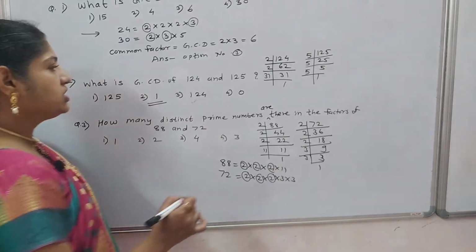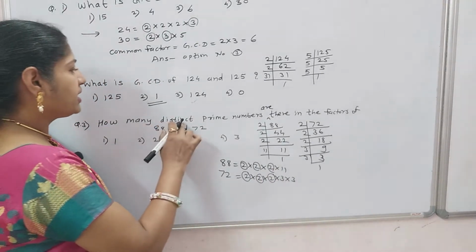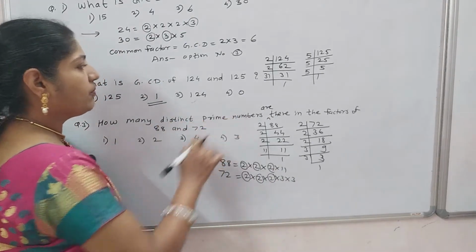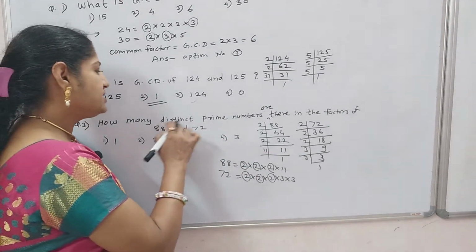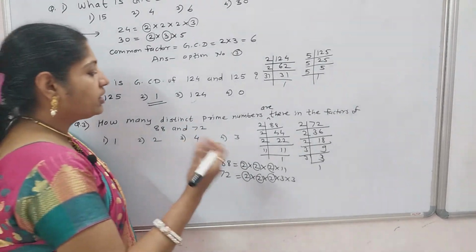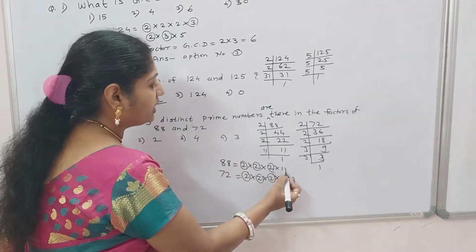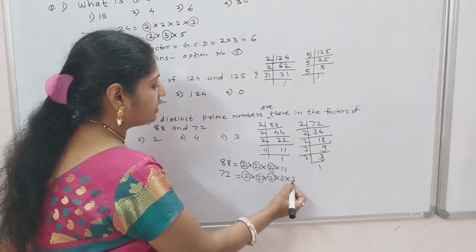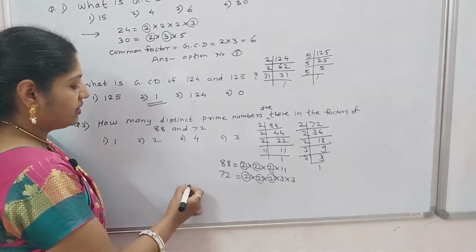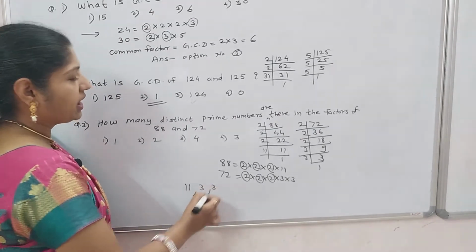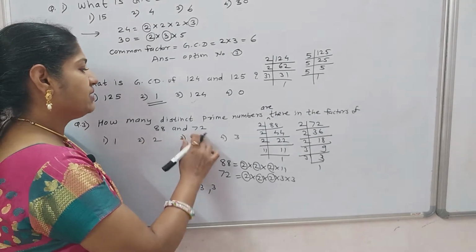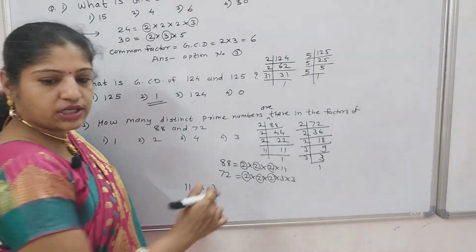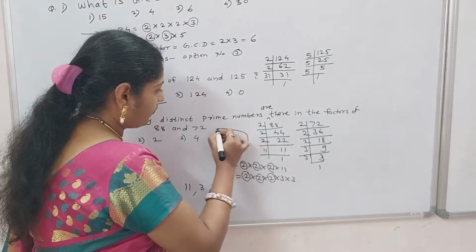But what is the question? How many distinct prime numbers are there in the factors of 88 and 72? Distinct means not equal, that is unequal factors. 2, 11 and 3 are the distinct prime factors in 88 and 72.